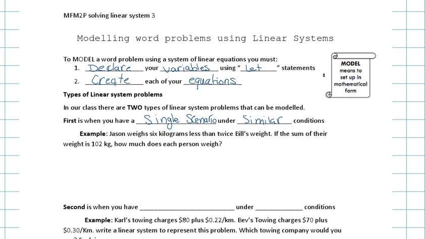Okay, so let's read that question. Jason weighs 6 kilograms less than twice Bill's weight. If the sum of their weight is 102 kilograms, how much does each person weigh?